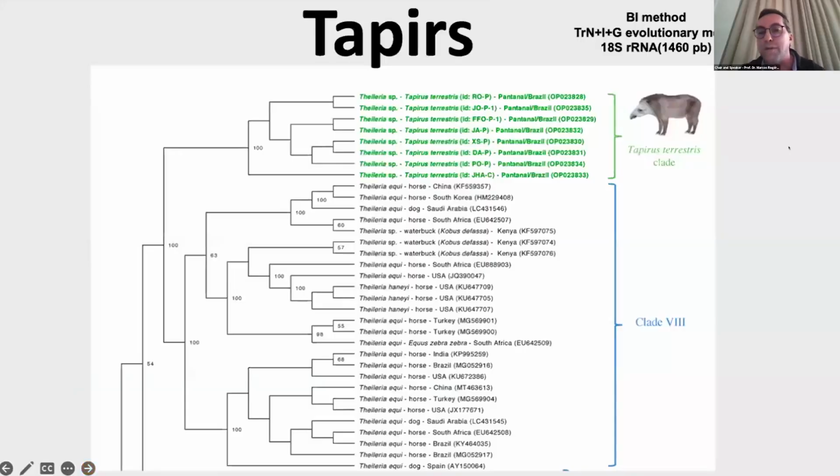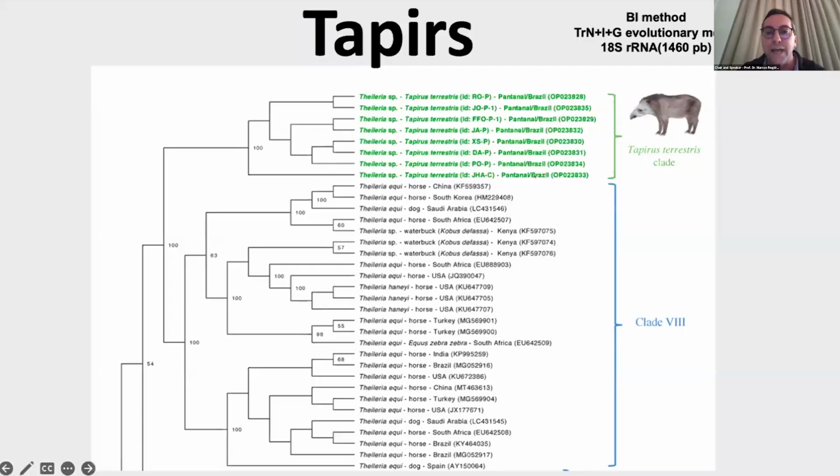But what about the phylogenetic position of this piroplasmid species from tapirs? Right here, you can see that the Theileria that we found in tapirs was closely related, albeit very distinct, from Theileria equi. So we named this new species Theileria terrestris.